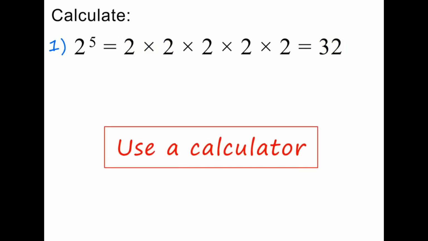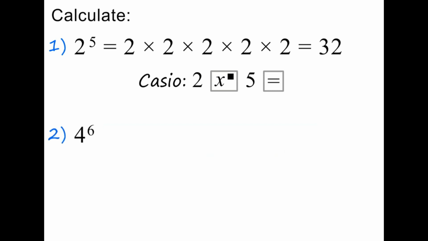Please note, you can also calculate powers on your calculator. On the Casio, which we like to use, the key sequence is the following. Please pause to make sure you also get a value of 32 on your calculator. Please pause and calculate the next power on your own first.